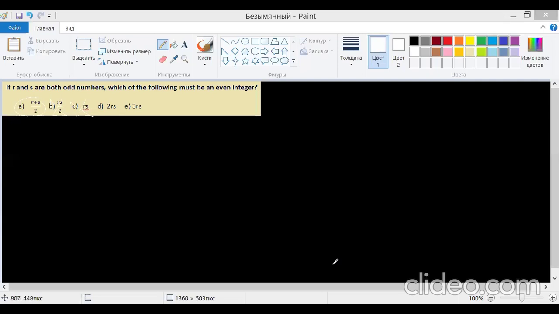So let's proceed to the next question, and here it is. If R and S are both odd numbers, which of the following must be an even integer? Okay. Now, first of all, let's remember that an odd number can be expressed through the formula twice integer n plus 1, okay?